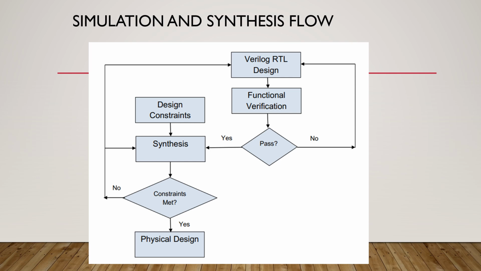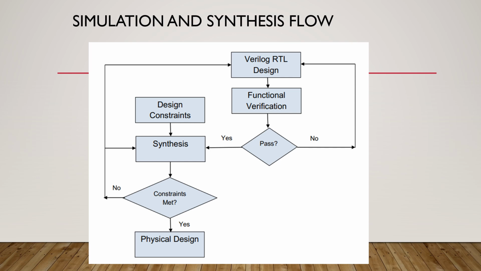In that gate level netlist, we are going to check whether it met all the design constraints like area, speed as well as power. If the constraint is not met, we again change the synthesis, that is, synthesis is an iterative process until we meet the design constraints. Still, if you are not achieving the design constraints, finally we have to change the RTL design.